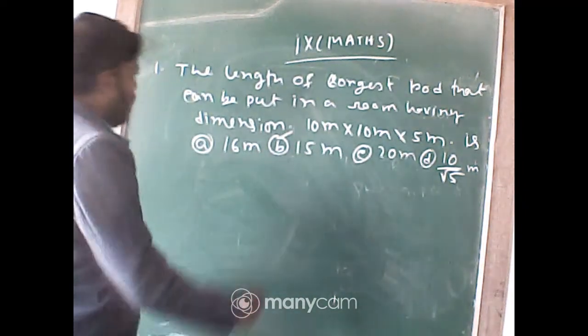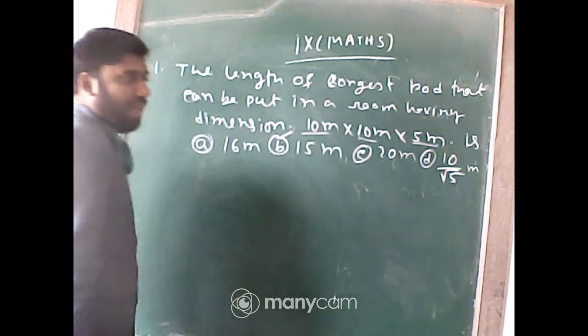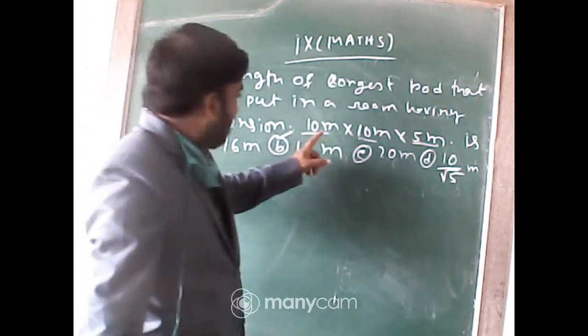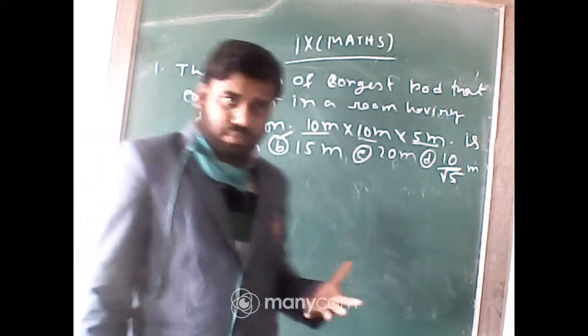First of all, that is length, breadth and height. If you take length, breadth and height, that room is cuboidal.